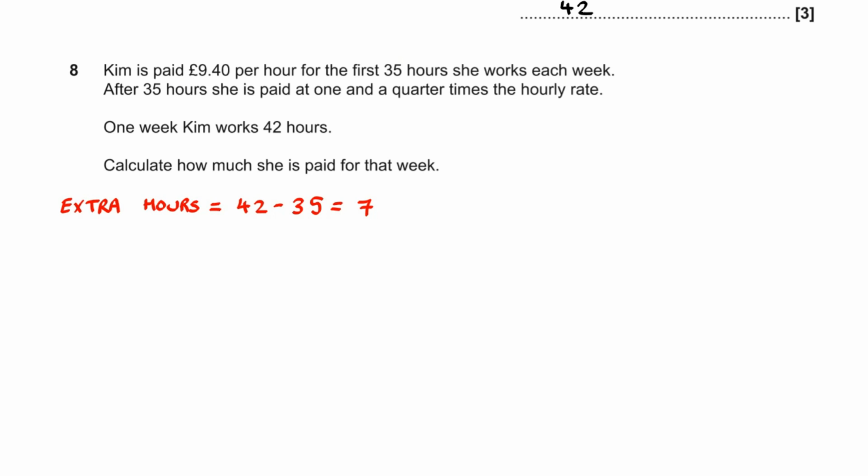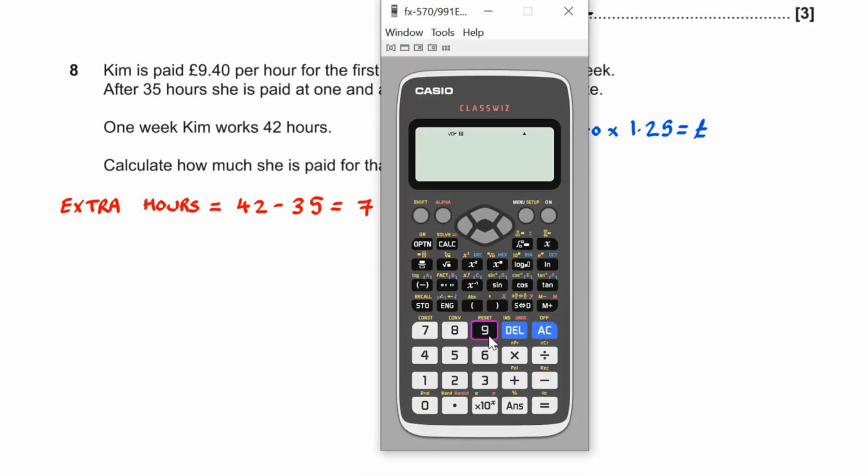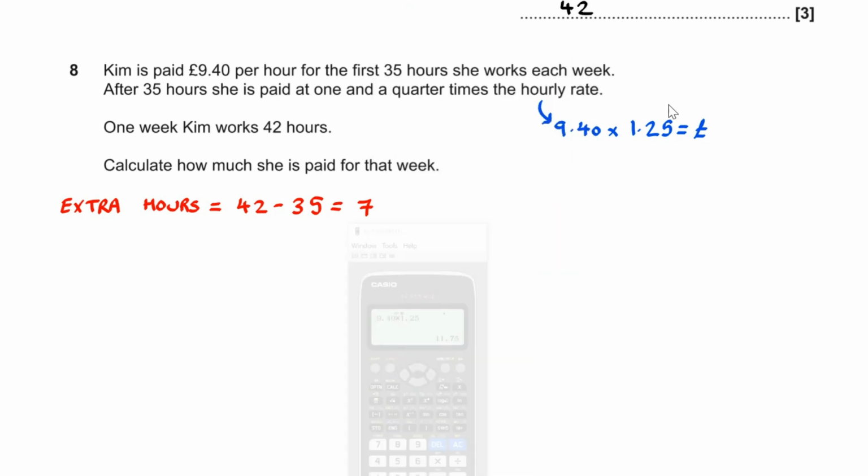Well, if we work out this new hourly rate, what we have here is £9.40 times by 1.25. So if we work this out, £9.40 times by 1.25, it turns out here we get £11.75.